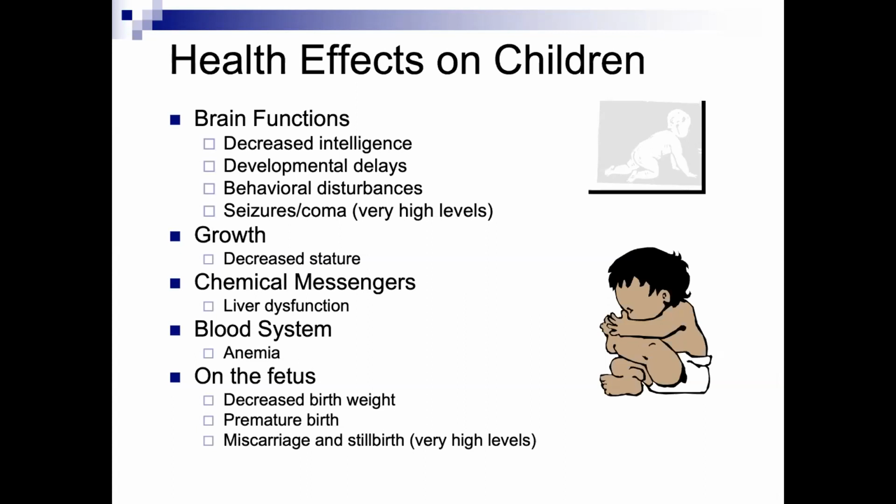And again, the fatal dose for a child is much less than the fatal dose for an adult because they're a much smaller package. It can affect the growth of long bones, so the longer bones in their legs and arms might be shorter than they normally would have been had they had no lead exposure before 6 years of age. And liver dysfunction, anemia, and again, the effects on the fetus we talked about.